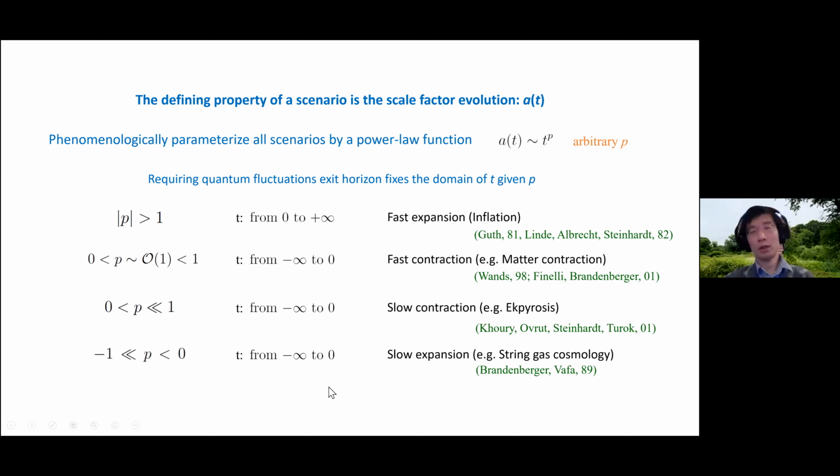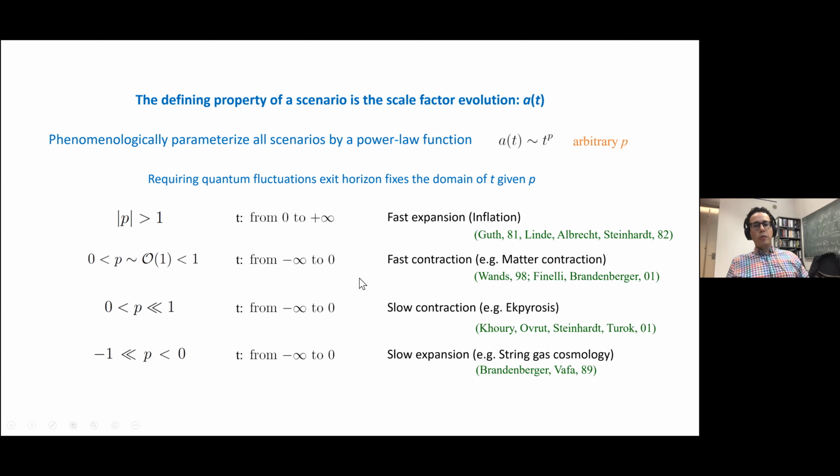Generally speaking, the approach that I will describe measures this value p, or with other parameterizations, some short period of the evolution history a of t. But I'm not sure I get your question about overlapping p. These p's are not overlapping at all. The four scenarios have all distinct locations of p.